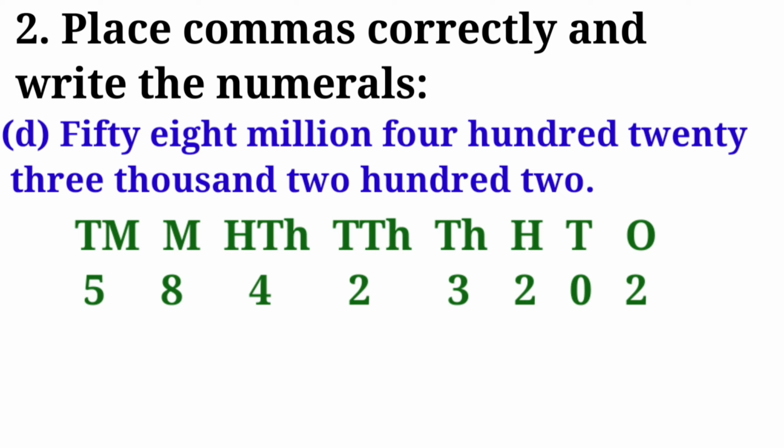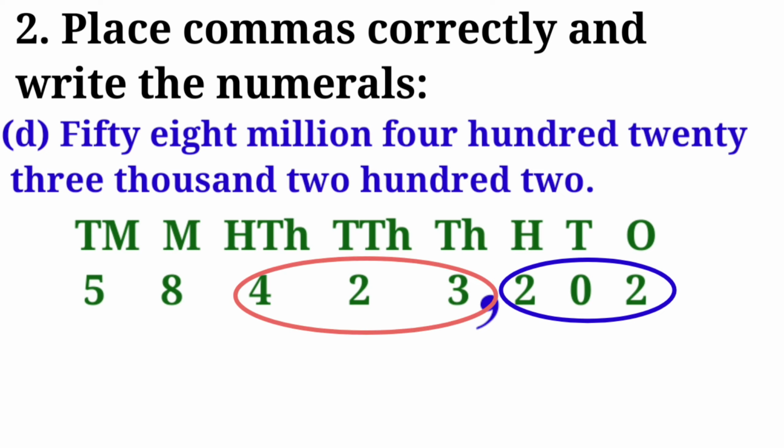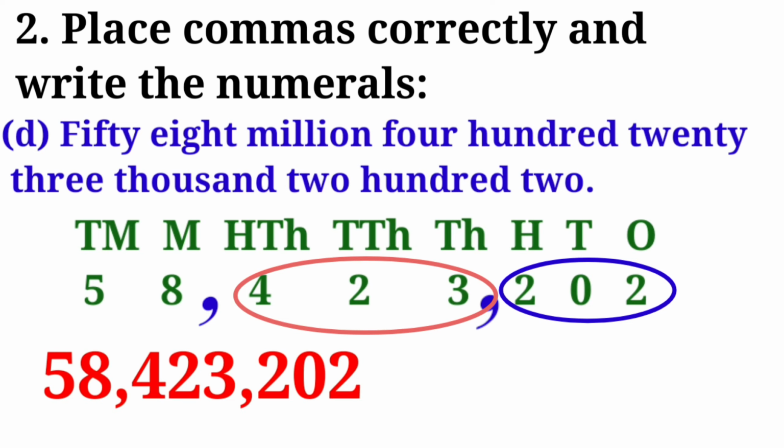So now you will put the commas according to this rule, that is the first comma will come before 3 digits from the last number, then the second comma will again come before 3 digits from this comma. So always remember, in the international system the first comma will come before 3 digits from the last number, then the second comma will come before 3 digits from the first comma, and so on.